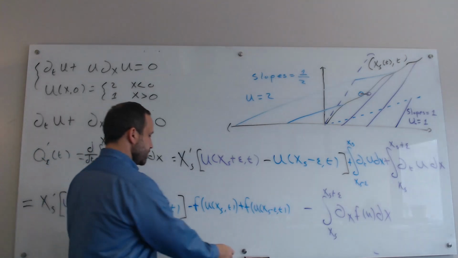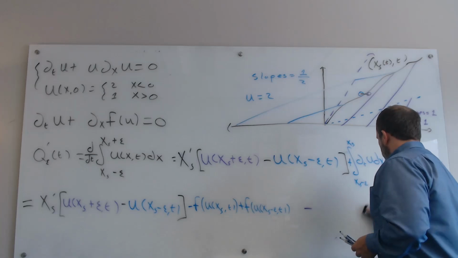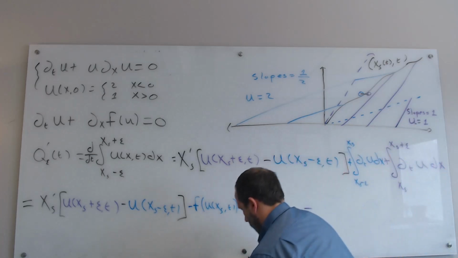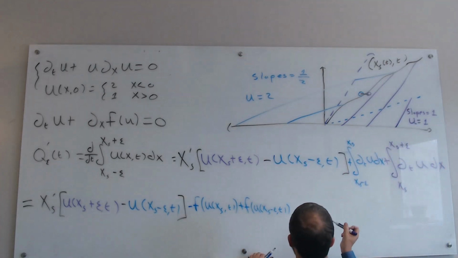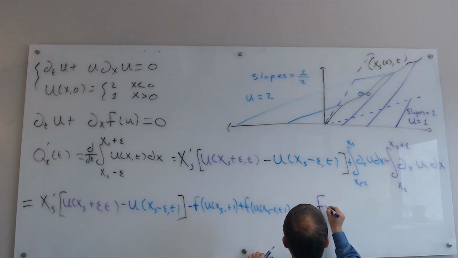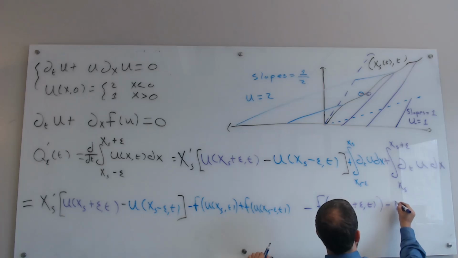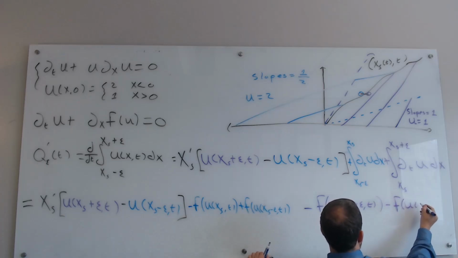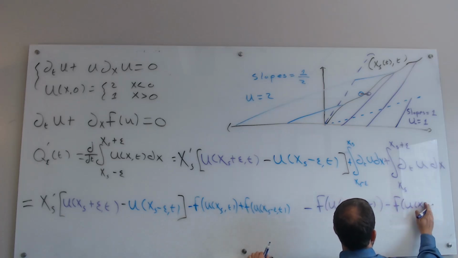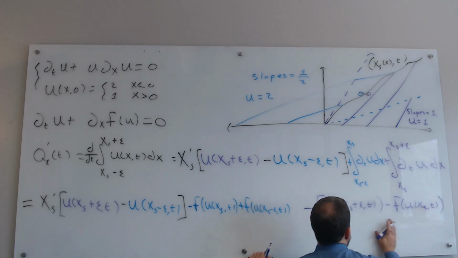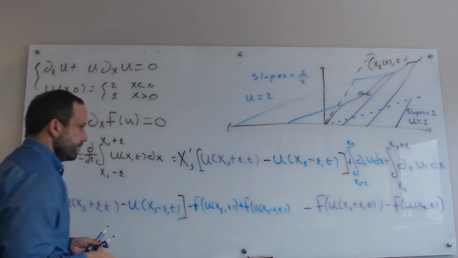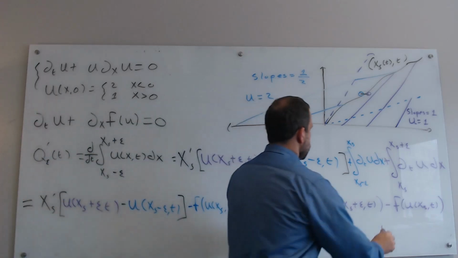And I'm going to have something similar over here. So this is going to be f of u of xs plus epsilon comma t minus f of u of xs comma t. And it's minus a minus, so this is a plus.